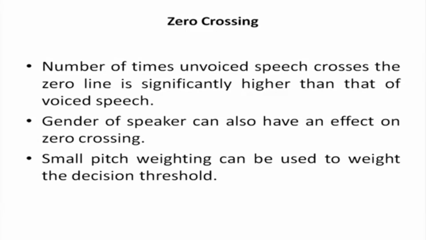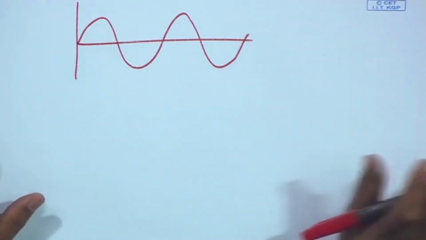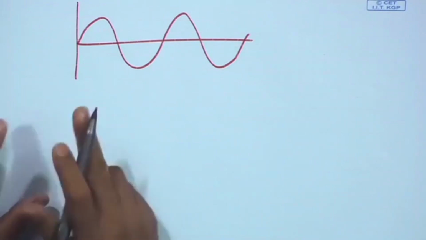Now, another parameter is called zero crossing. Let us take a sine wave. How many times does the signal cross the zero line?